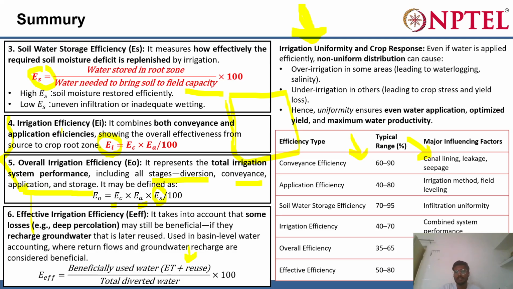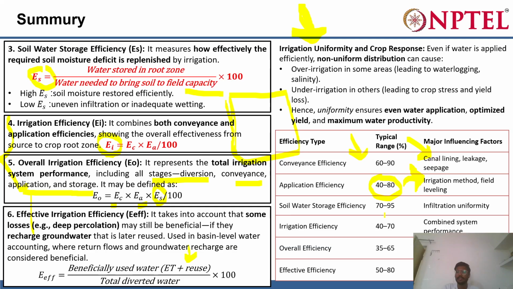Then application efficiency is around 40 to 80%, and it totally depends on which kind of irrigation method we are using and the field-level leveling and surveying we carried out before choosing the irrigation method.